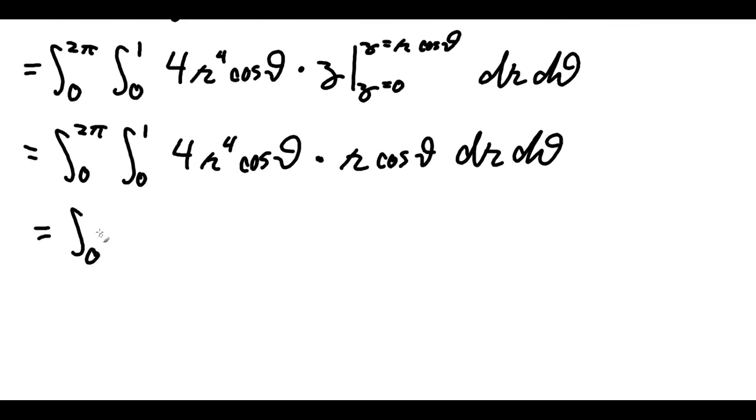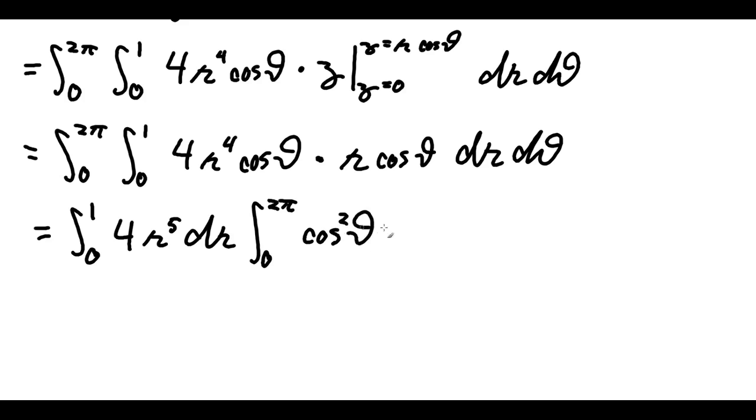We can write that we have the integral from 0 to 1 of 4r to the 5th dr. I suppose I could have pulled the 4 out front. I'll probably do that in the next step. Times the integral from 0 to 2 pi of cosine squared theta d theta.